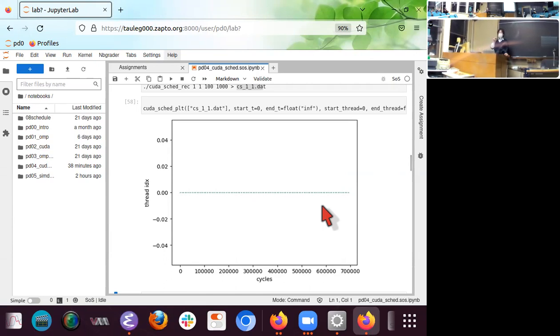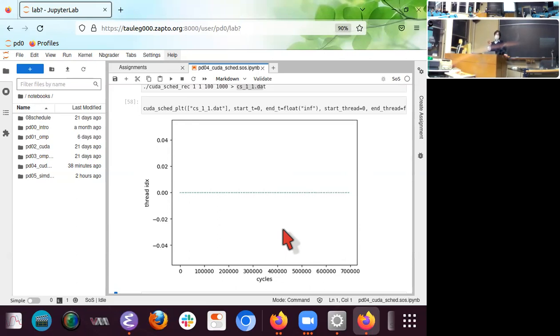So it's far away from the GPU's peak performance. I think it's obvious to you, because I'm running only a single thread, but this is in a way the capability of a single thread of a GPU, which is very small compared to the total capacity of a GPU.